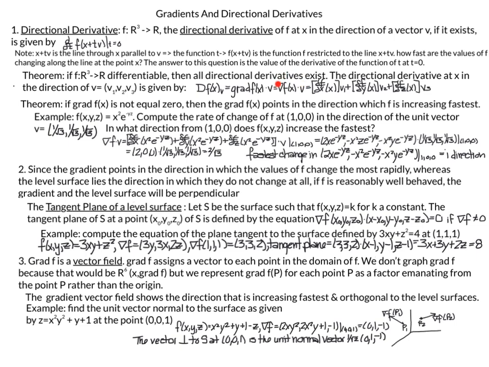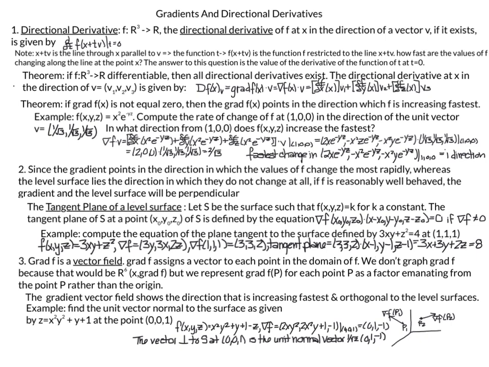In other words, grad f dot v is df dx evaluated at x times v1, the first coordinate of the vector v, plus df dy evaluated at x times the second coordinate of v, plus df dz evaluated at x times the third coordinate of v, all added together.